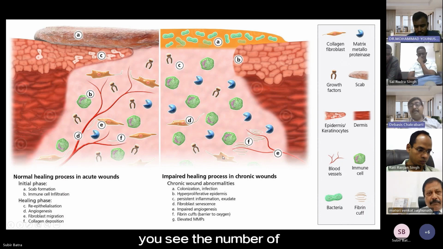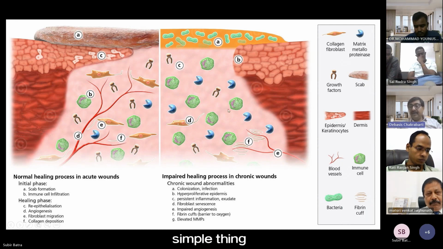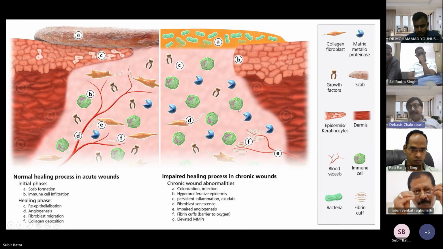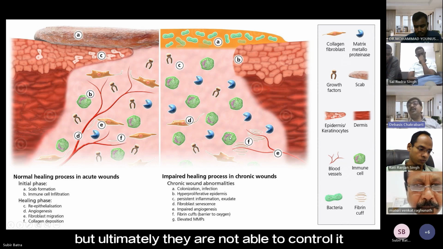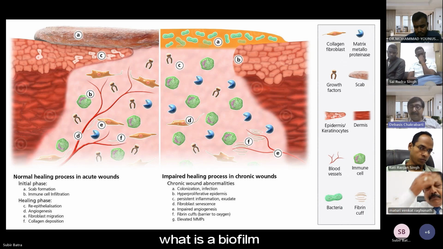You can observe the number of immune cells has increased. Simple thing: the enemies are big, so the body is sending more and more soldiers. But ultimately, they are not able to control it. The moment bacteria form a biofilm, what is a biofilm?